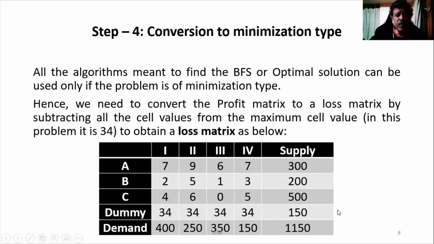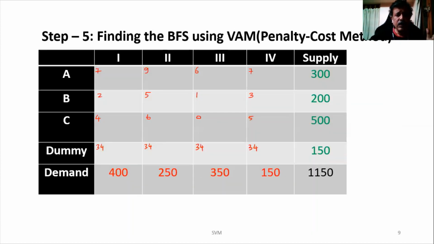Once we arrive at a loss matrix, we know clearly that the objective becomes minimizing losses. So we can now proceed with finding the basic feasible solution. How do we find it? We will use Vogel's approximation method, wherein we find the penalty for each row. So let us calculate the penalty for each row.